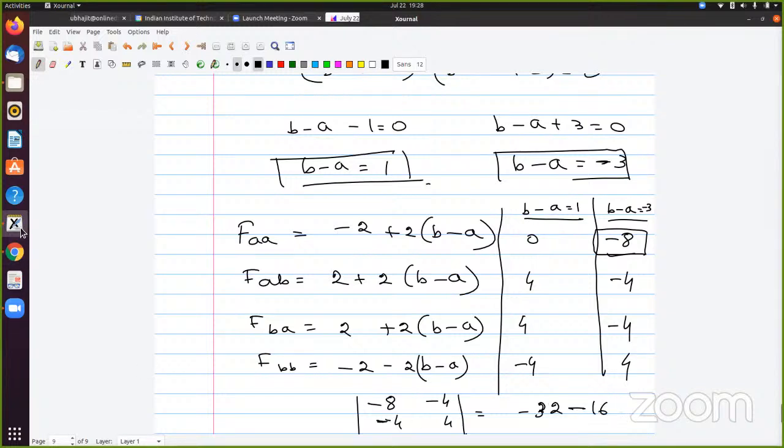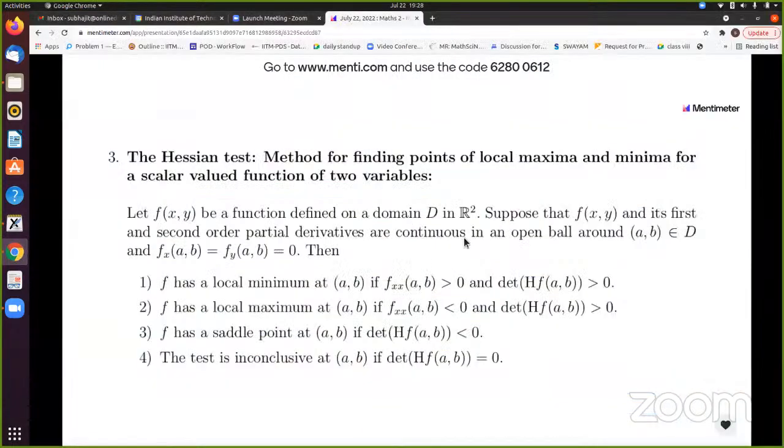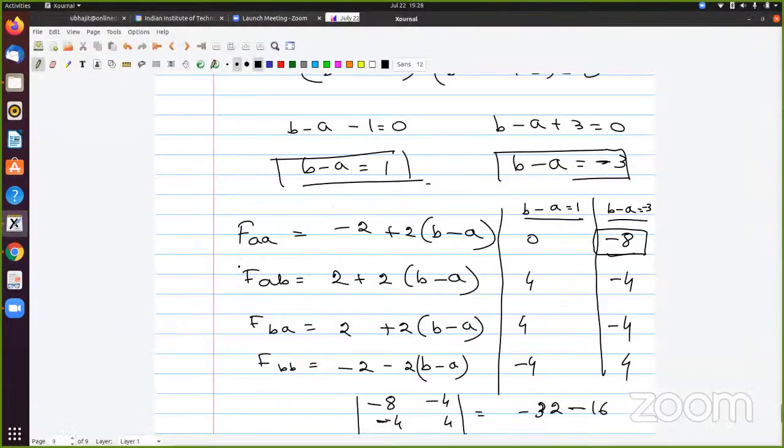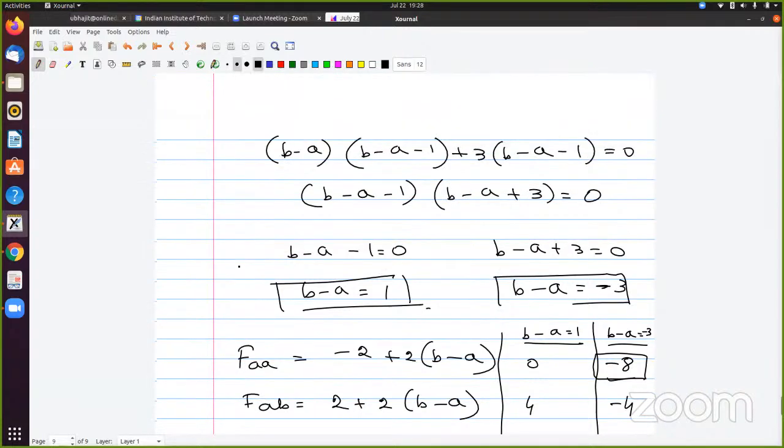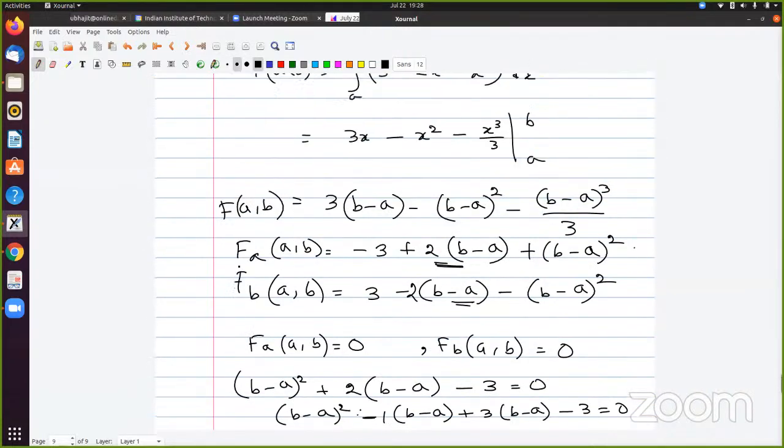So for the Hessian, this is inconclusive. This should be greater than 0, no? Have we made a mistake here? I don't know. Have we made any mistake at any point?